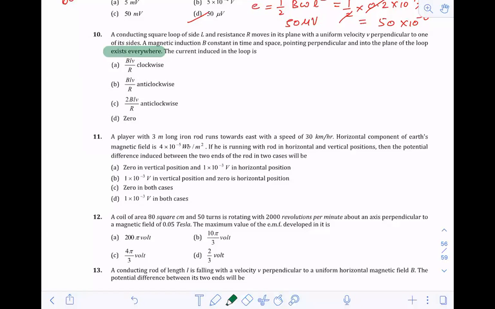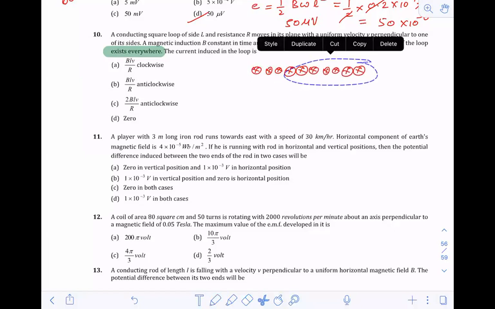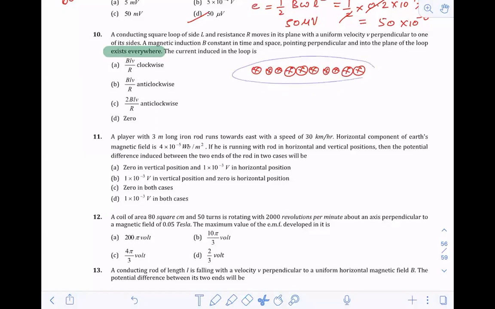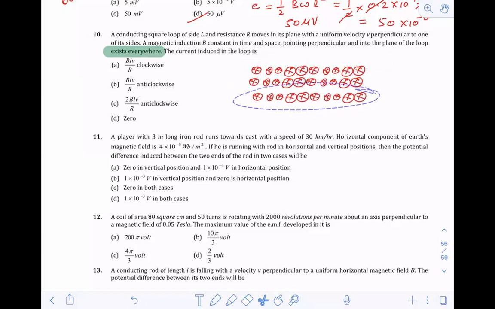Understood? Suppose everywhere we have a constant magnetic field like this.